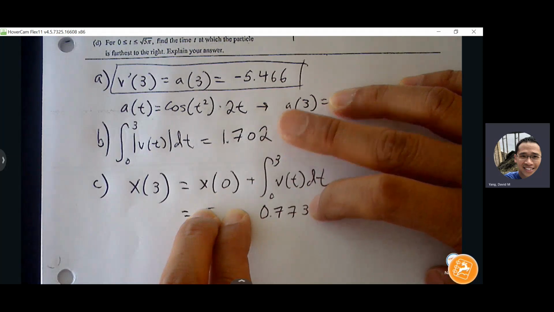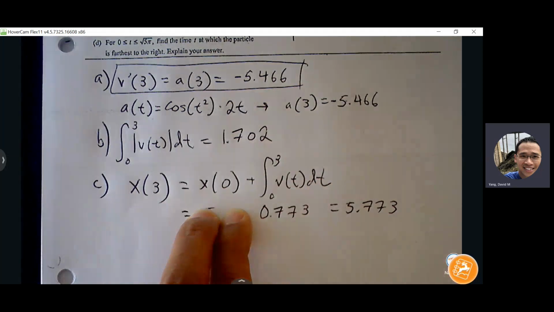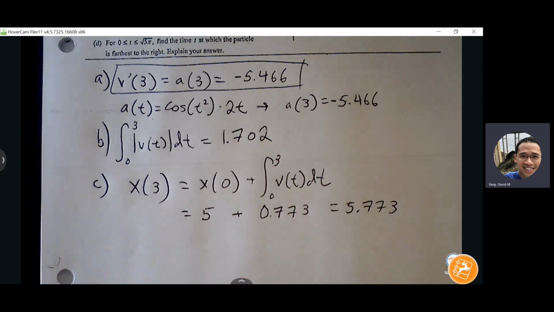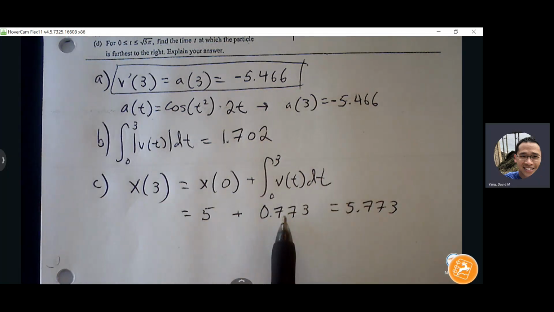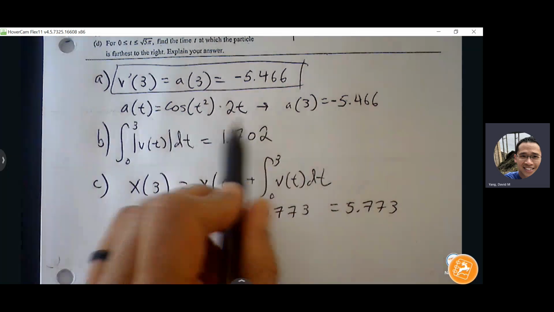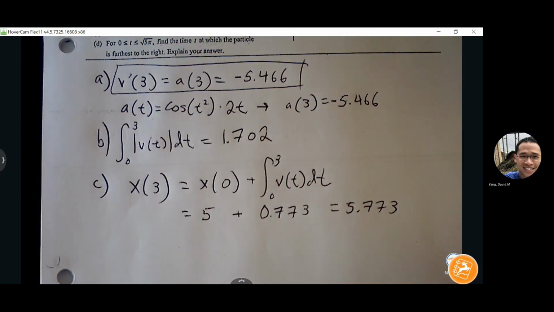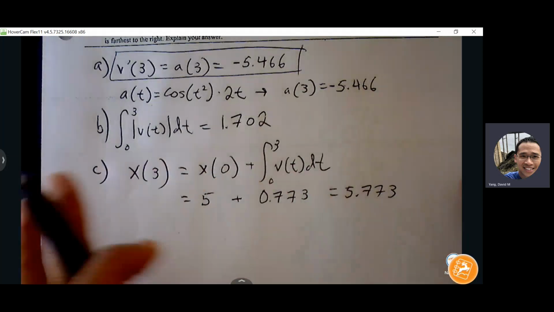Total distance and displacement are only going to be different if the object goes backwards, changing direction somewhere in between. As soon as the object changes direction, the displacement is always going to be less than the distance in that time interval.